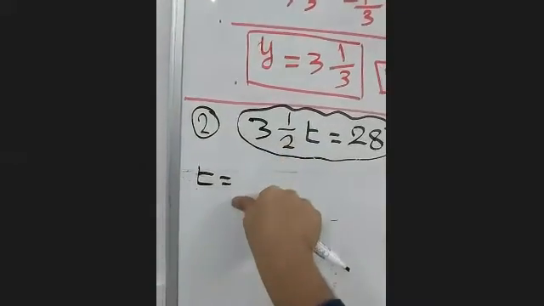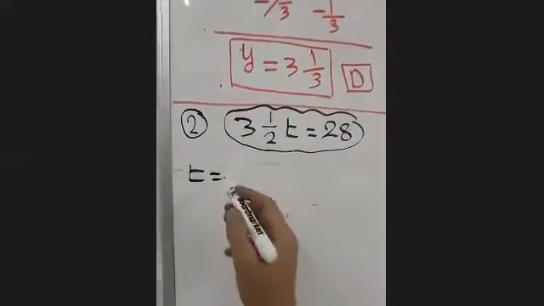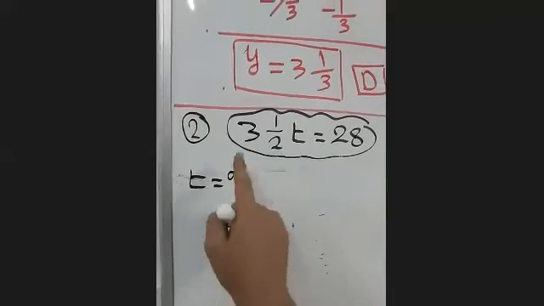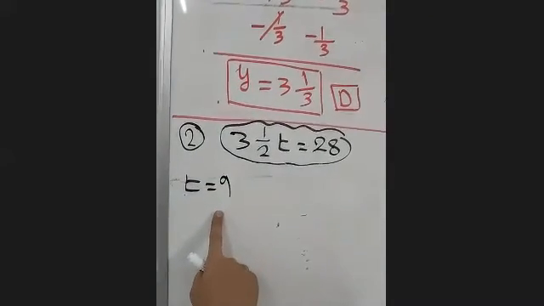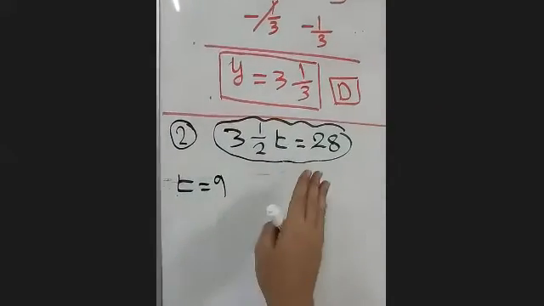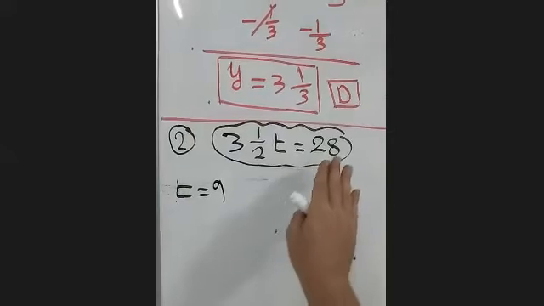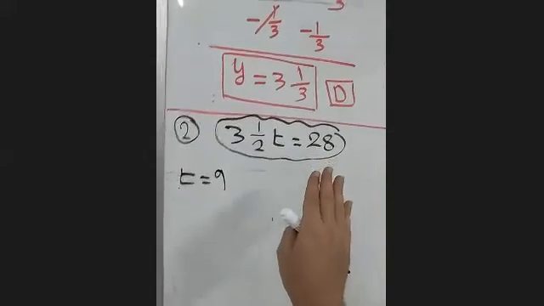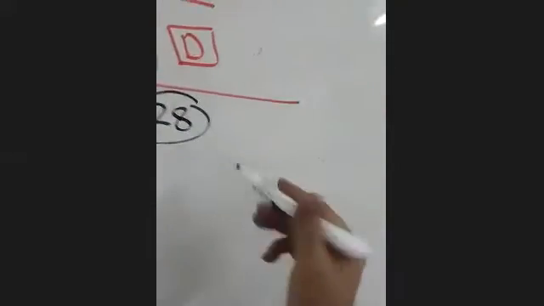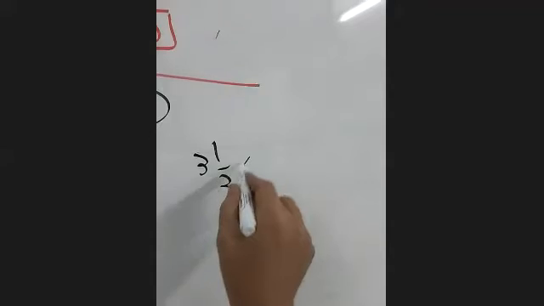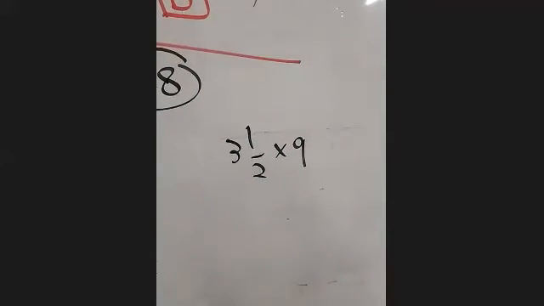Yes, let's guess 9. 3 multiplied by 9 is 27. It's so close to 28, right? Let's calculate here: 3.5 multiplied by 9.